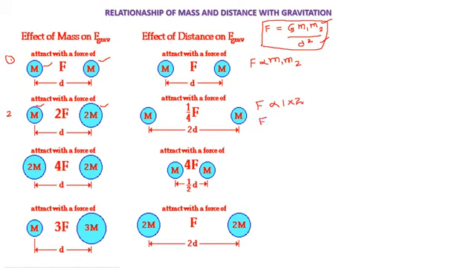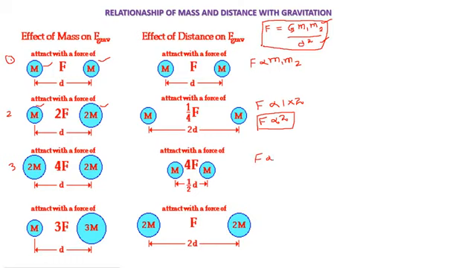You can see the value of force is also double. So if you double the mass of one object, then the gravitational force between the two objects will also double.